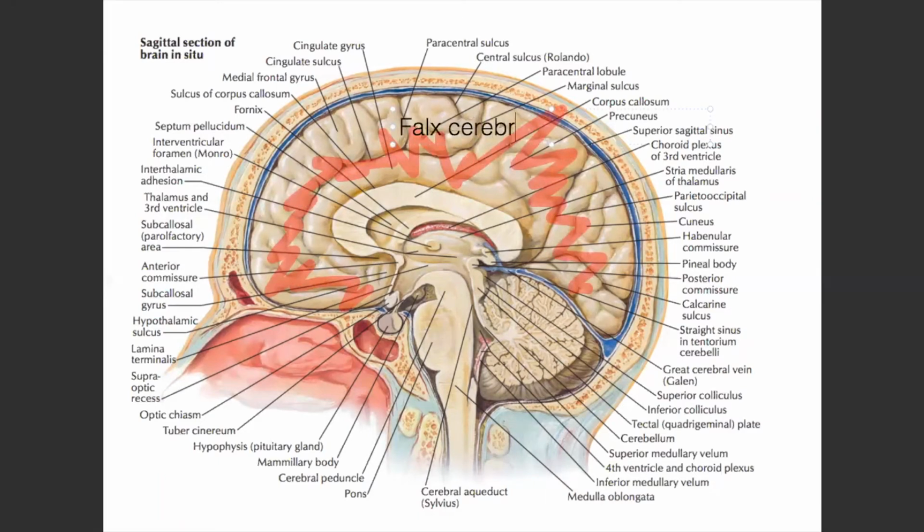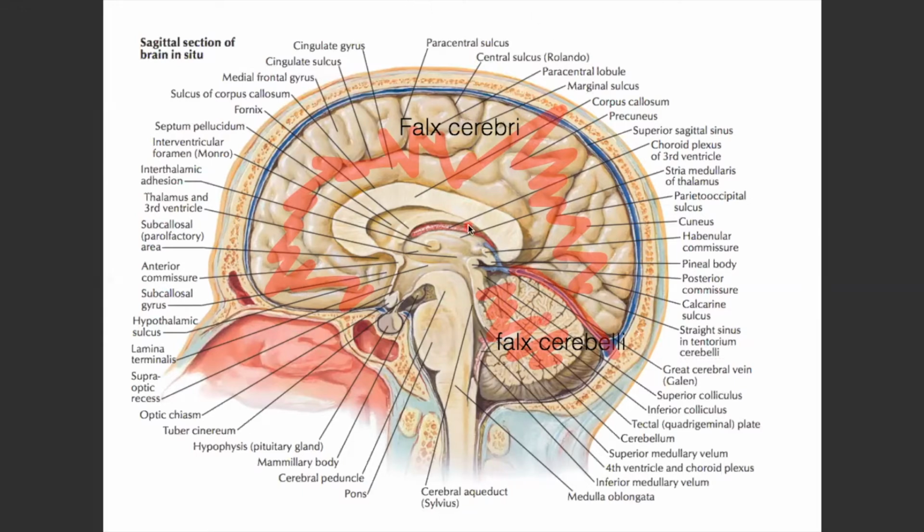So the falx cerebri would go here because it's between the two brain hemispheres, while the falx cerebelli would go here. And the last one is called the tentorium cerebelli. This is the tentorium cerebelli, so it's between the cerebrum and the cerebellum.